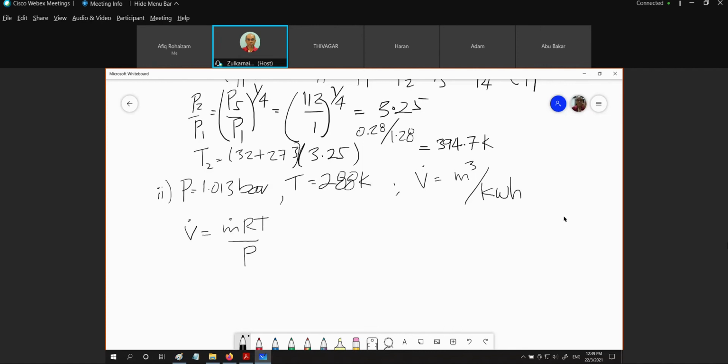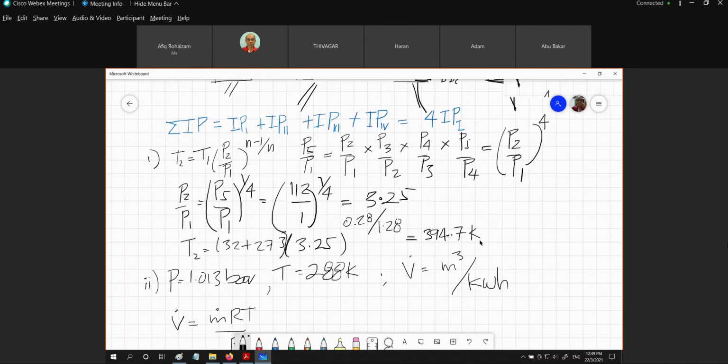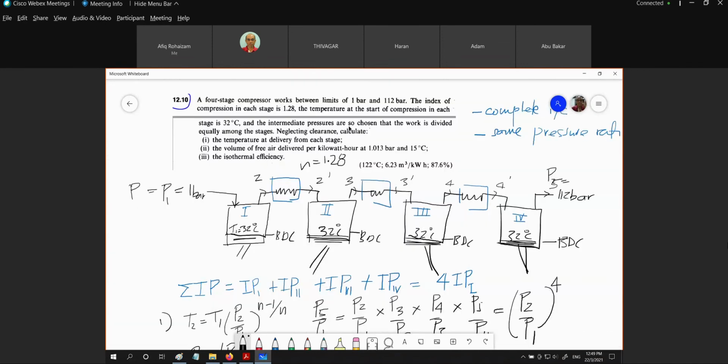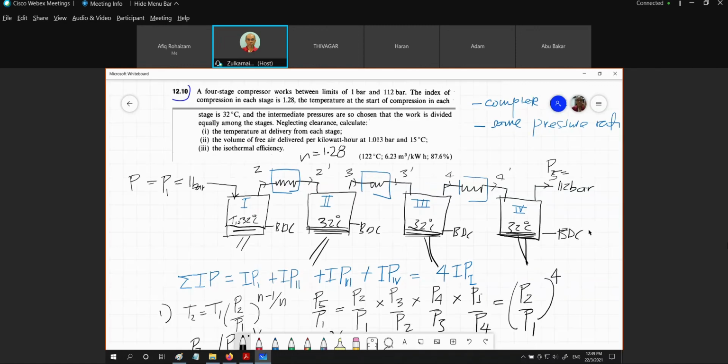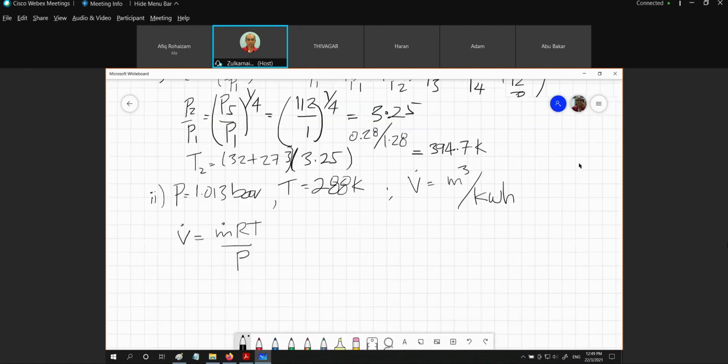So let's look carefully: can we get M dot? No way, because there is no volume. But it wants it for every kilowatt hour. So how do we convert that?